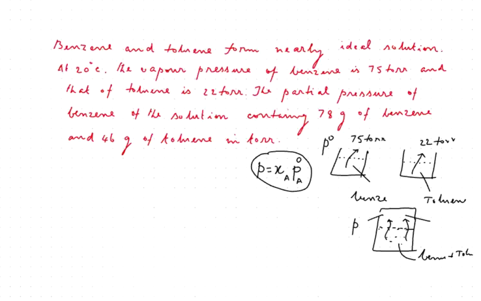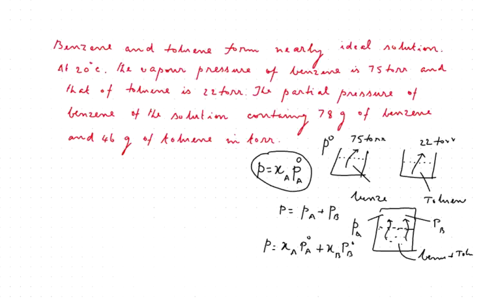Suppose PA is benzene and PB is toluene, then the total pressure of all the vapors will be PA plus PB, and the total pressure P will be equal to mole fraction of A into PA0, that is the vapor pressure of benzene in its pure state, and the mole fraction of B into the vapor pressure of toluene in its pure state.